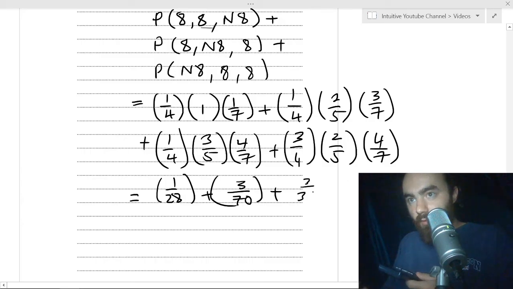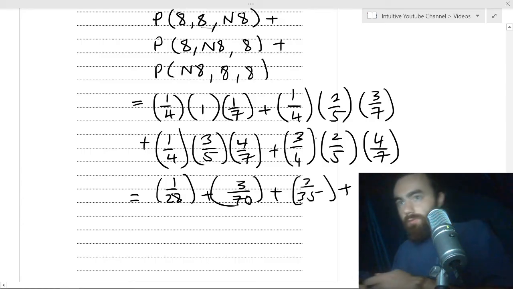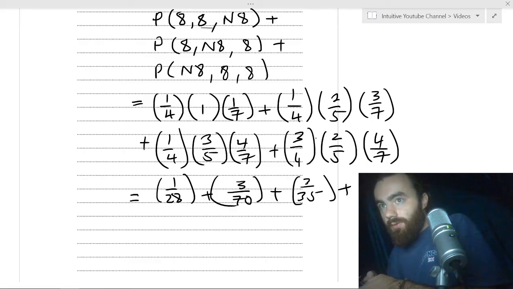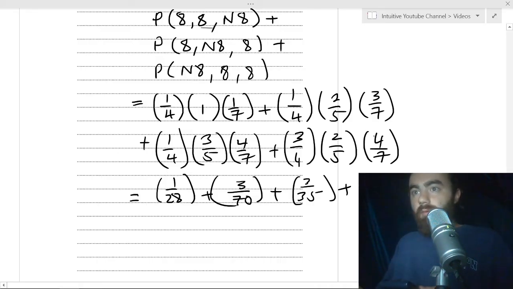And then this one will be times 4 is 6 over 35.